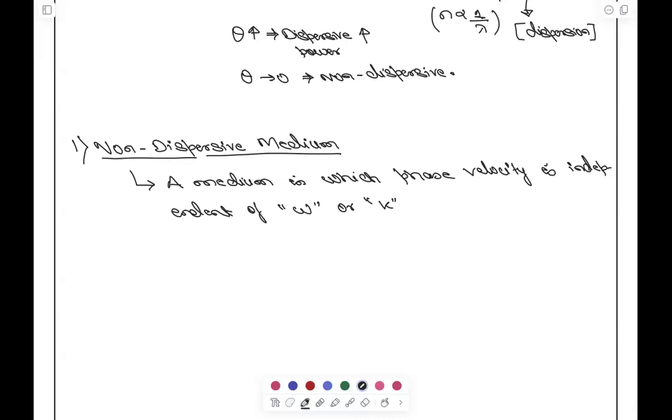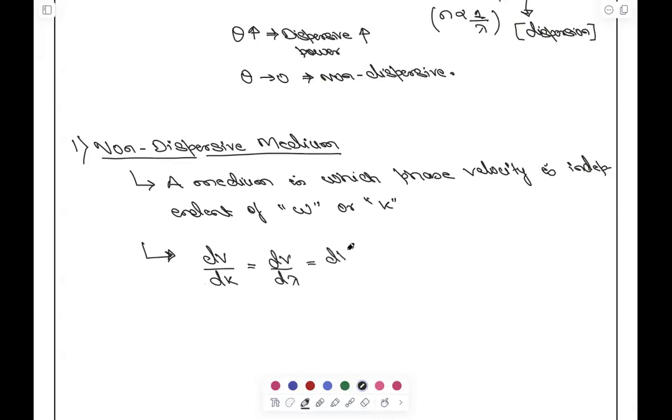Now understand, if this is the case, can I say that Vg is what? First, write one more thing. If I am writing this, then what does it mean? That dV by dk is equal to dV by d lambda.